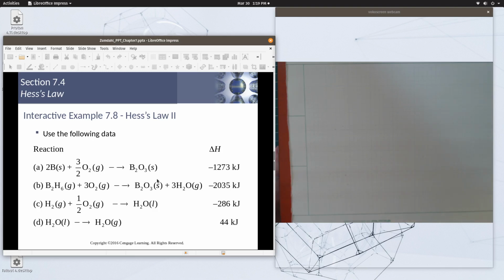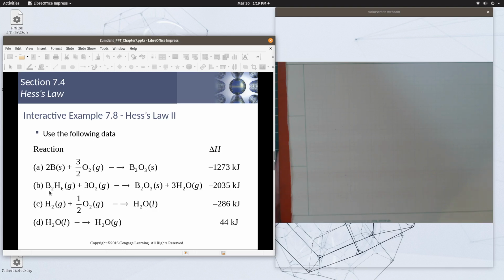But if I want to know what this delta H is per mole of this molecule, let's just write it. It's okay. We can make these stoichiometric coefficients fractional. It's the same chemical reaction, except that this delta H is per mole of this quantity.